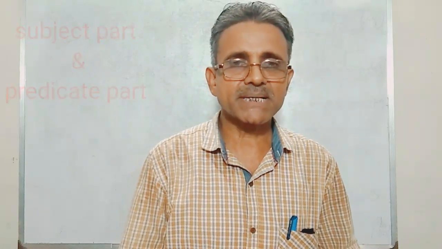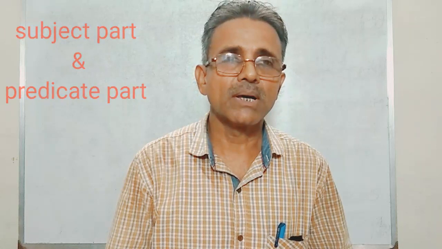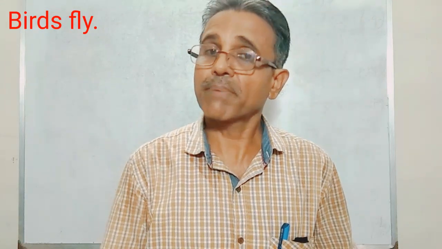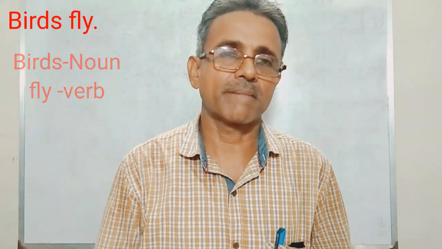If a sentence consists of a subject, that is a noun, and a verb, for this example: birds fly. Birds is the subject, birds is the head noun, and bird is the noun. Then fly is the verb.